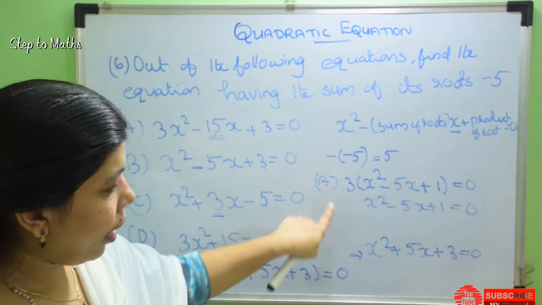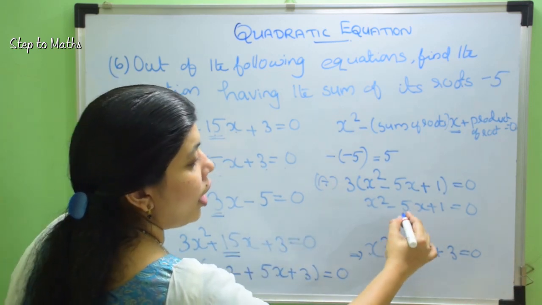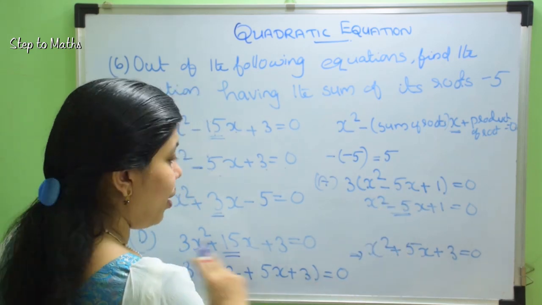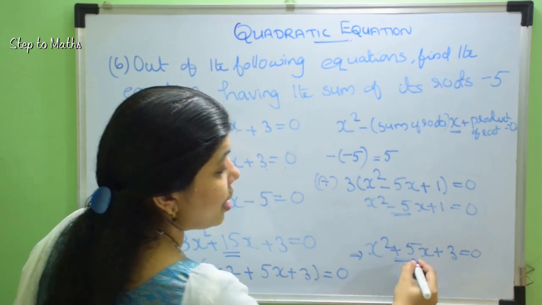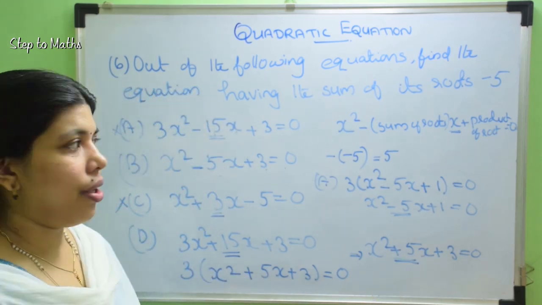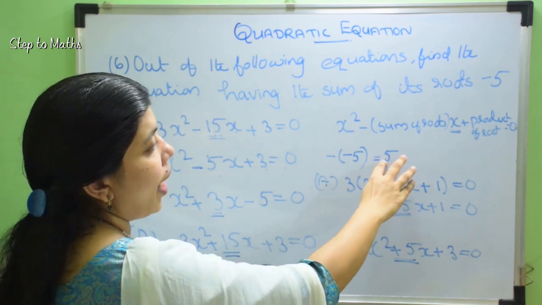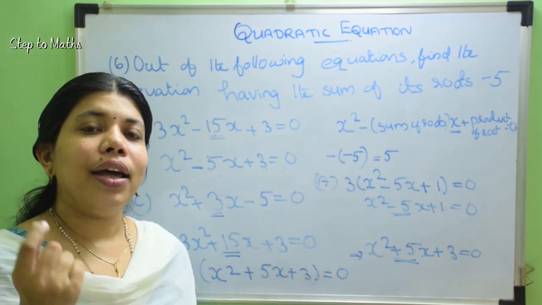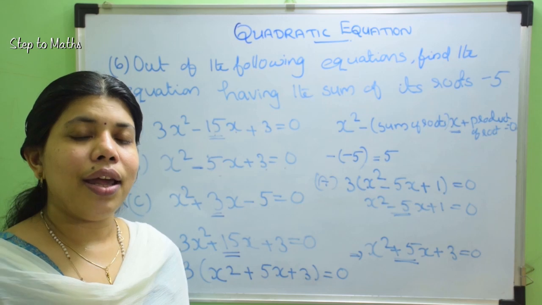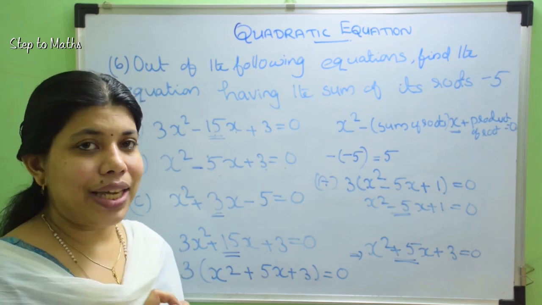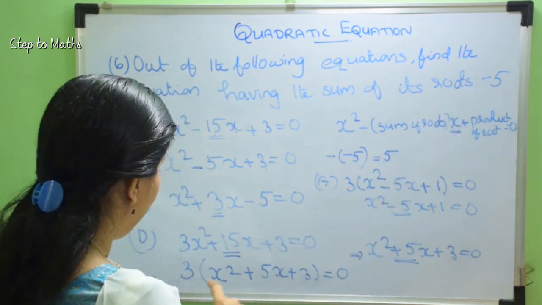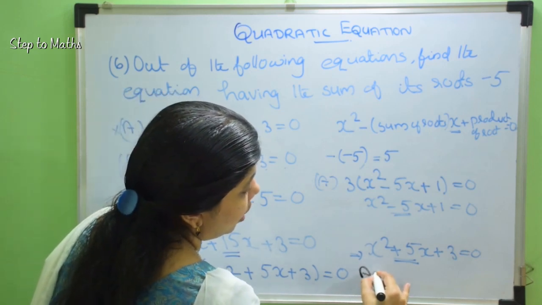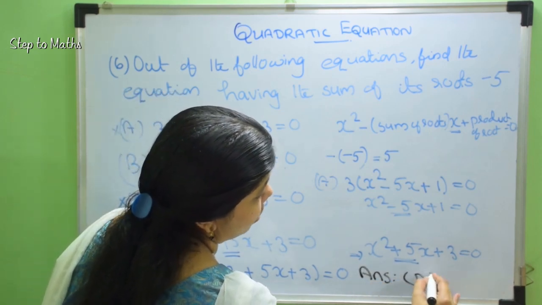This is option A and this is option D. Here the coefficient of x is minus 5. But in the case of option D, the coefficient of x is plus 5. If the coefficient of x is plus 5, we can conclude that for that quadratic equation, its sum of roots is minus 5. That means from the given options, option D is our answer.